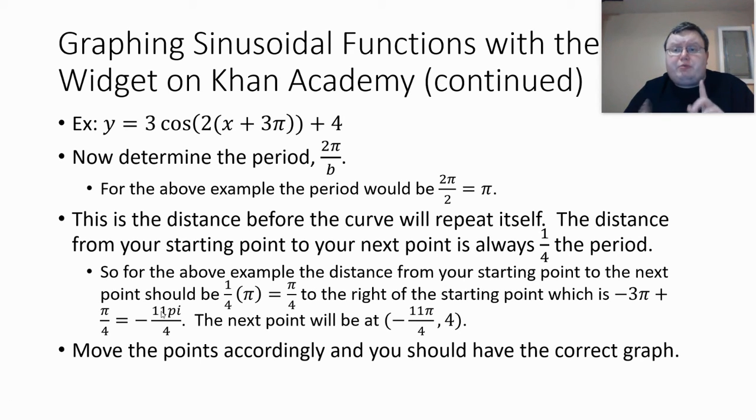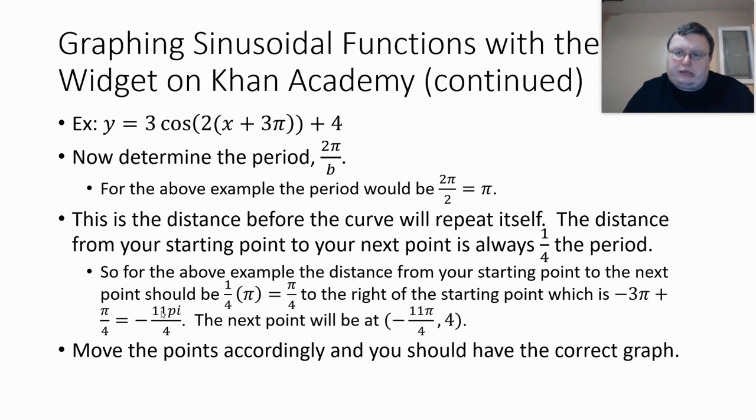On some of these widget problems, you do have to move the points in between the values. Pay very close attention to the scale of the graph. For this example, looking at it the way it was on Khan Academy, every 2 blocks left and right was pi distance.